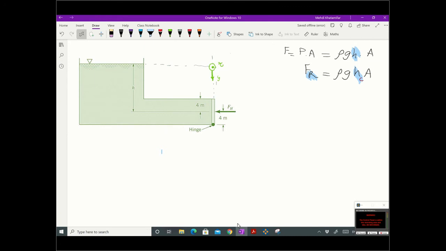Y n must equal Fh times what? What's its distance?